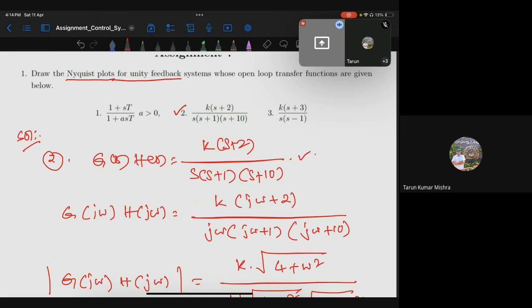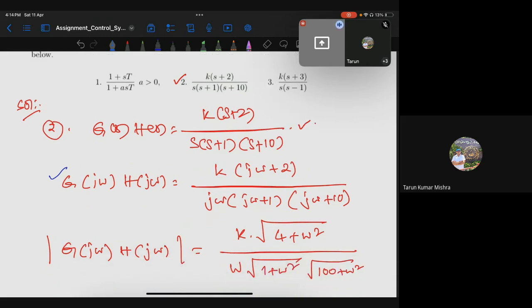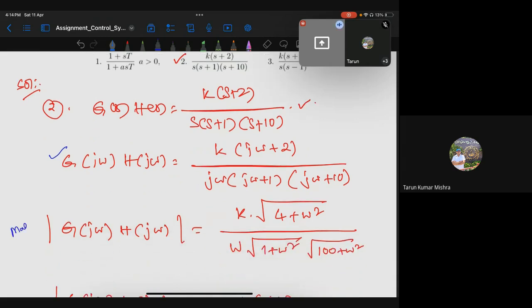First substitute s equal to j omega, clear? Then find the magnitude. Hope this is clear how to find the magnitude. What is the magnitude? A plus jB has magnitude root over A squared plus B squared. That is how you'll do it.